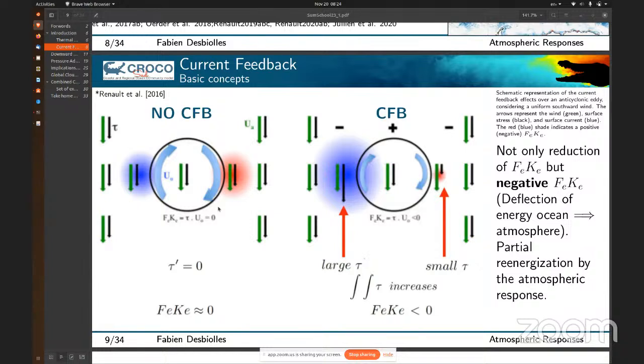So we lose energy. If we let the wind evolve, because we are reducing the stress, the wind is ready to blow a bit faster. So we have a partial re-energization of the wind done by ocean mesoscales.